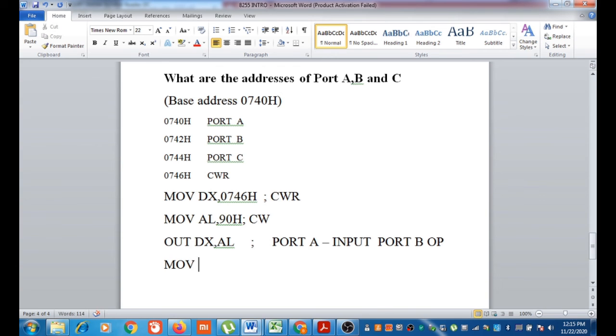So move DX, what is the address of port A? That is 0740. It's the base address itself. Then we are reading in AL comma DX, port A into AL.